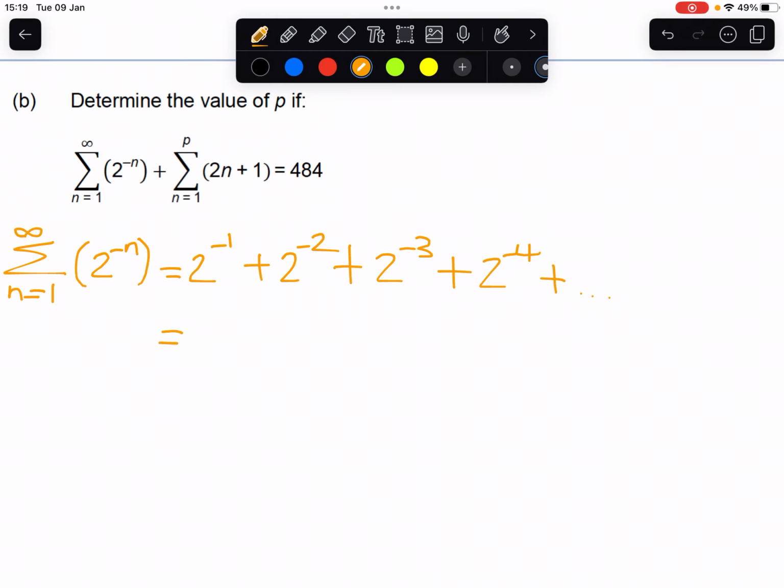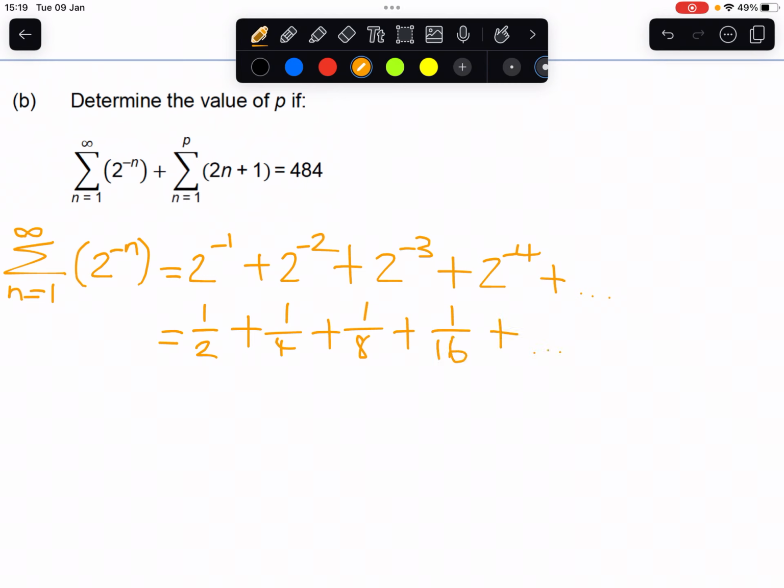To make things clearer, this is just a half. 2 to the minus 2 is 1 over 2 squared, which is 1 over 4. This is 1 over 2 cubed, which is 1 over 8. And this is 1 over 16.